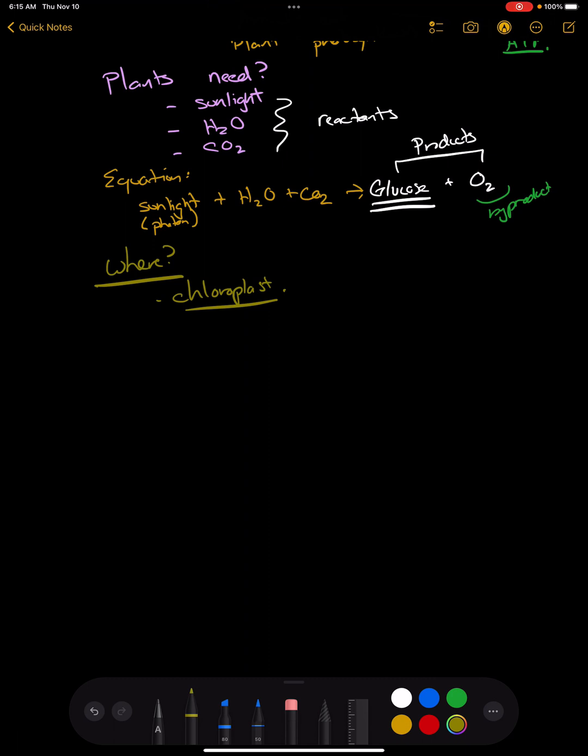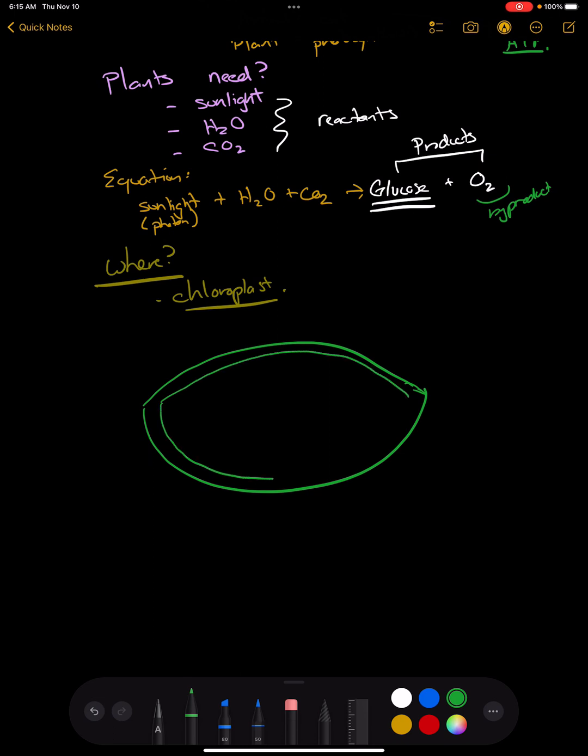So let's go ahead and draw what a chloroplast looks like. It kind of looks like a football. So there you go. Go ahead and close that off. And then we're going to make another line on the inside of it. Look at that. And then we're going to have some disc-looking things in here. There you go.